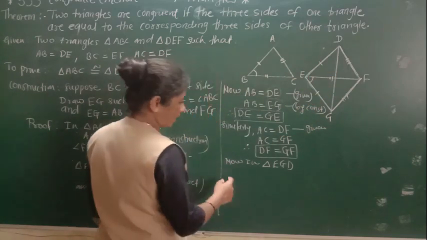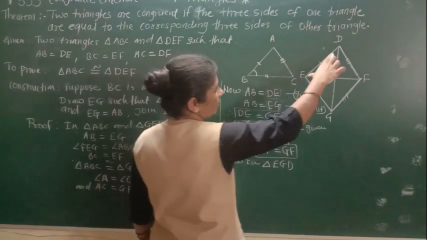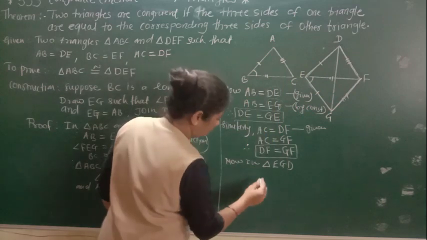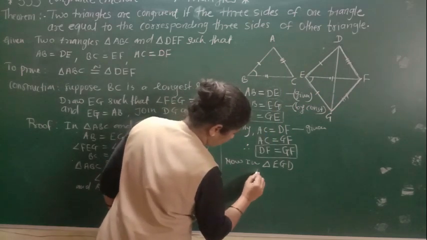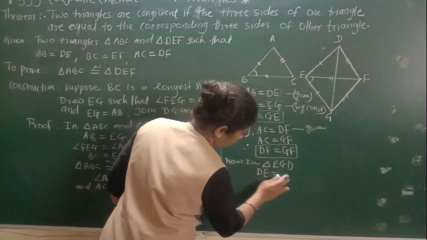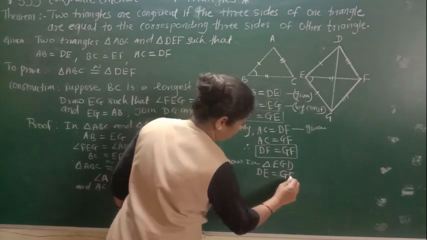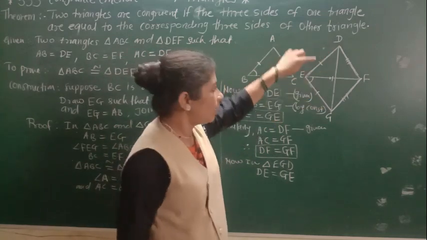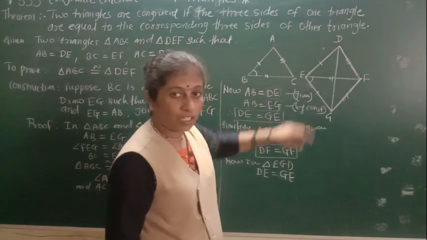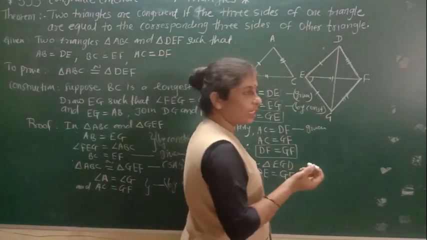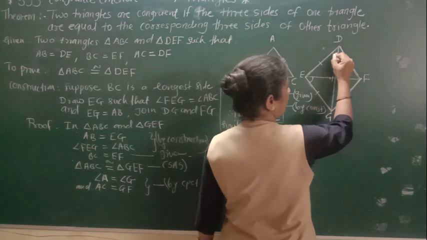Okay, so in this triangle, DE equals GE. If these two sides are equal, then angles opposite to the equal sides will come same. We can use this property, right?